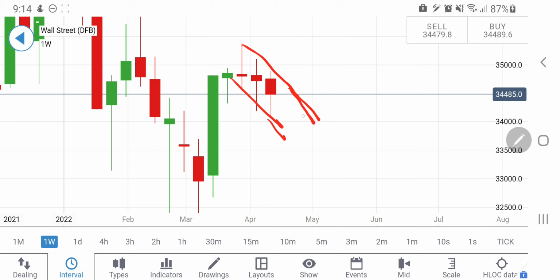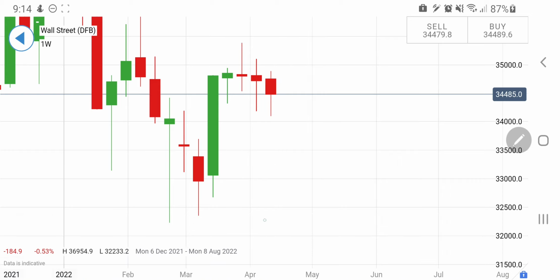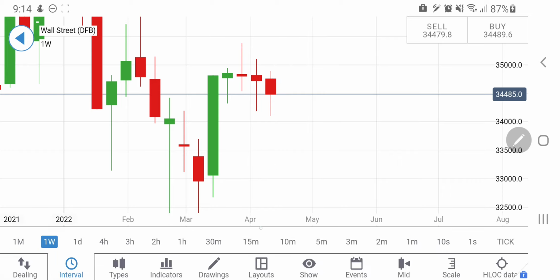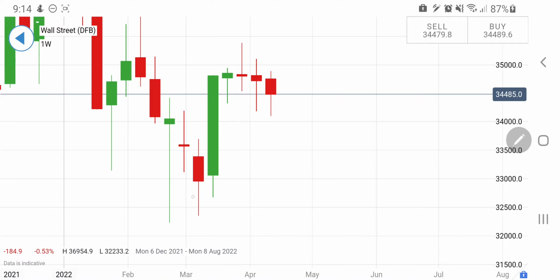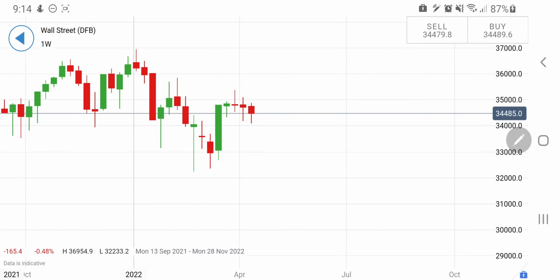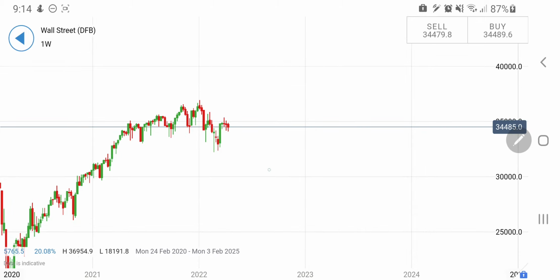If and only if it trades below 34,800 levels. If it breaks the 34,800 level, consider this as a sign of reversal and the market entering into a bullish zone again. So till the time it remains below 34,800, one can expect that it may continue to drop. Now look at the weekly charts here.